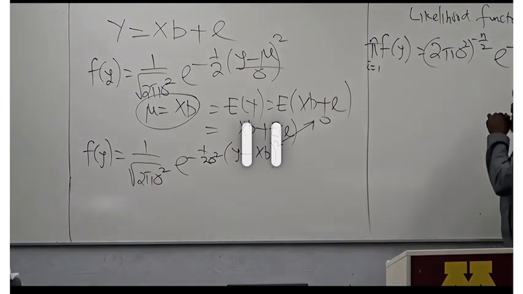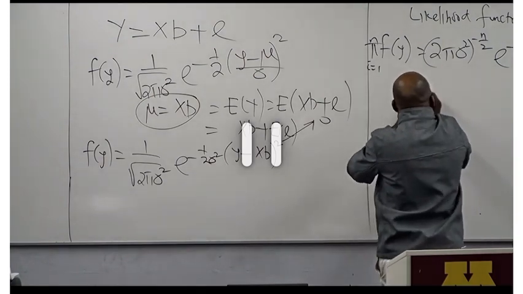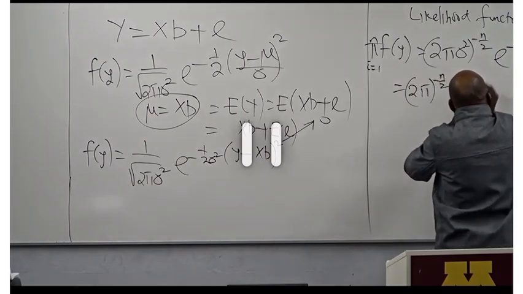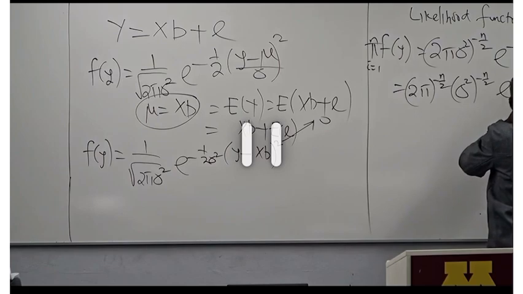I want to write it in terms of n. I can write 2 pi raised to the power minus n over 2, and sigma squared raised to the power of that. Then I have that, mathematically speaking.